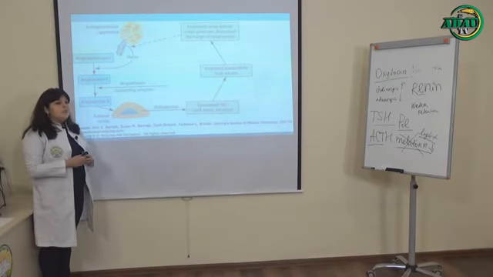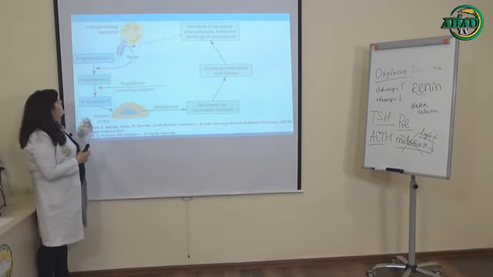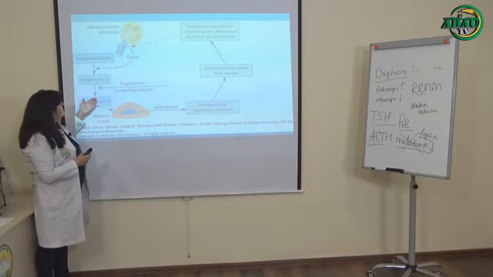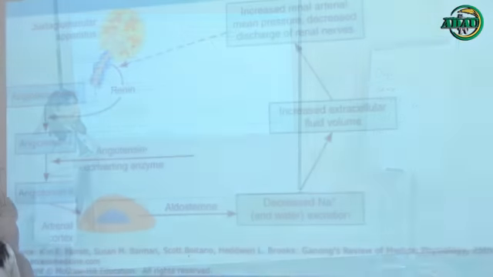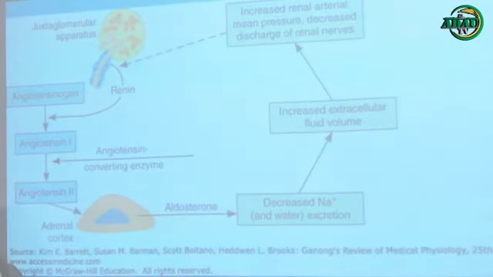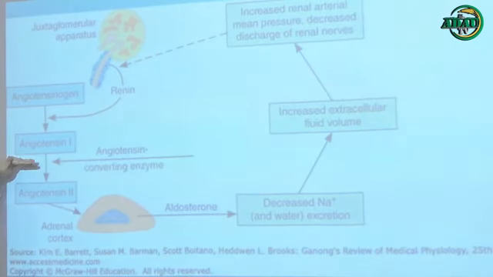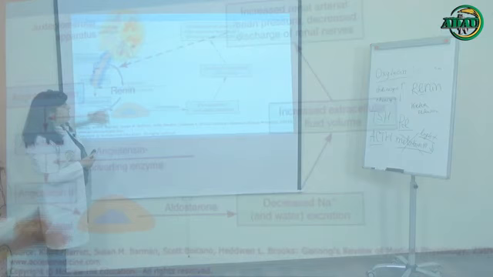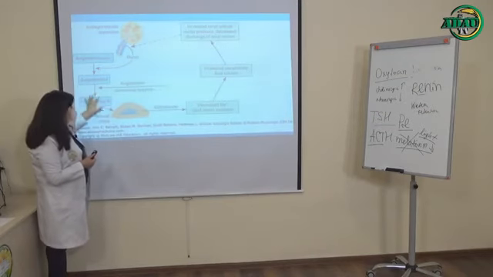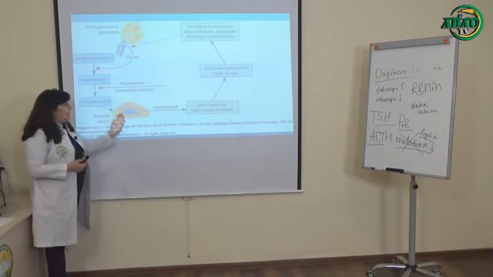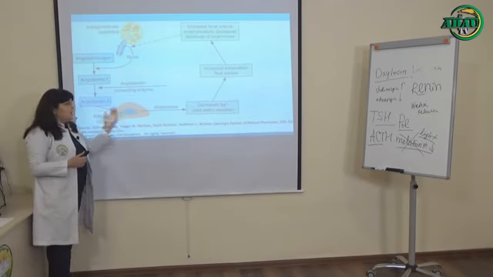What does renin do? There is one substance which is produced in the liver. This substance is called angiotensinogen. Angiotensinogen, by the effect of renin, can activate AT1, then AT2. The activation of AT2 can activate the adrenal cortex and activate aldosterone.